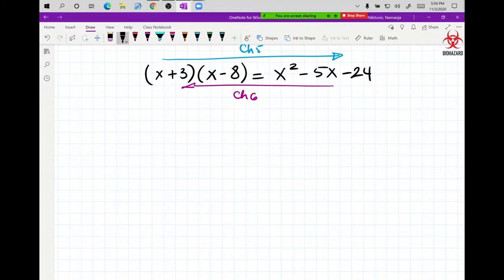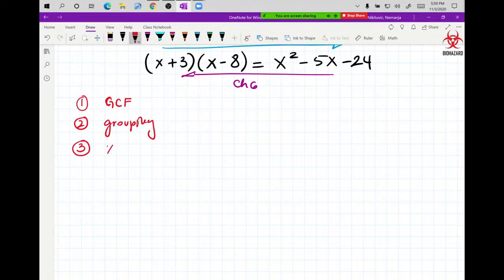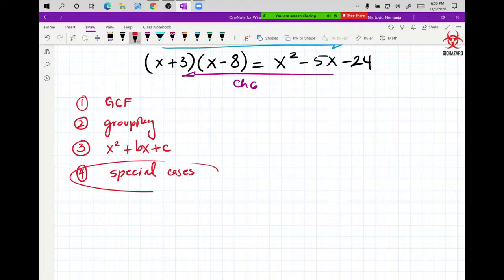So we are going to learn, number one, GCF, which stands for greatest common factor, but that will be a title soon. So GCF, grouping, trinomial of the form, trinomial of this form, and then 4 special cases, which is obviously your special products.